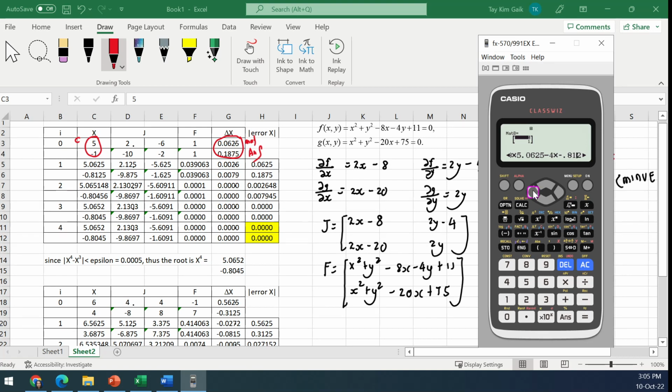Each of it you have to press, and then you may key in, let's say, one digit wrong, then the answer is wrong. We obtain negative 0.034.